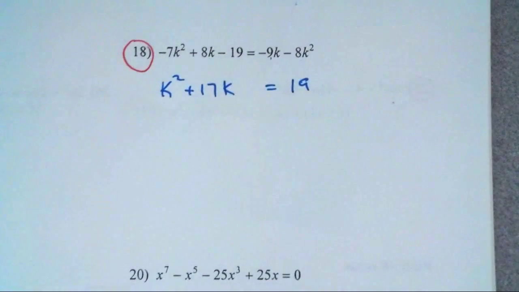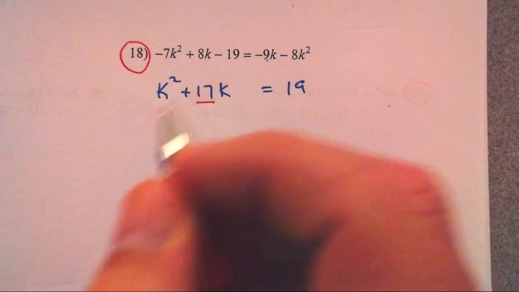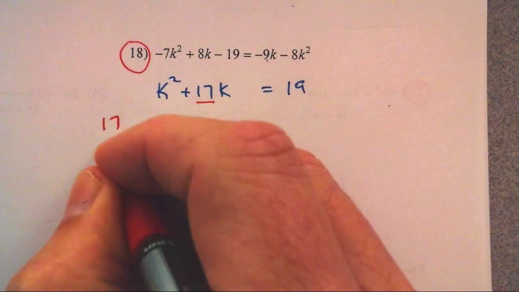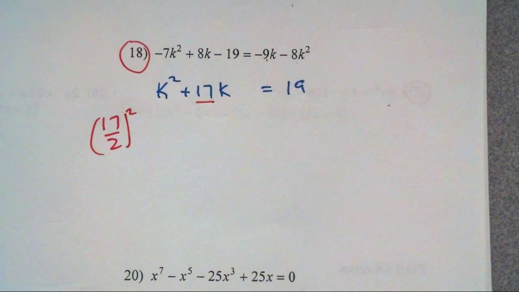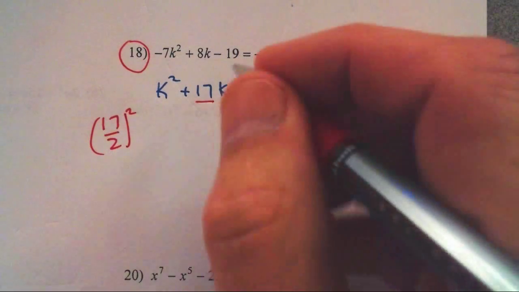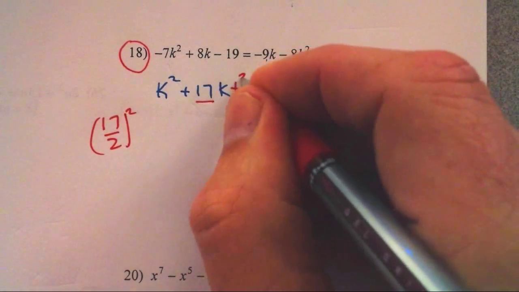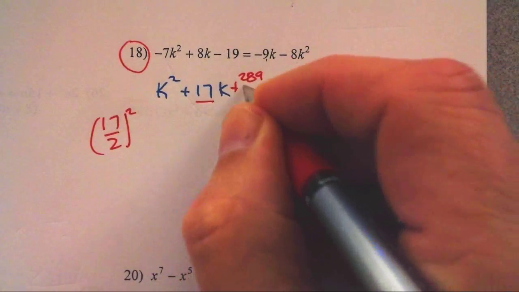Okay, this one's going to get a little bit uglier, because what do I do next? I have to take this 17 off to the side, divide it by 2, and square it. And 17 squared is 289. So this is plus 289 on 4.